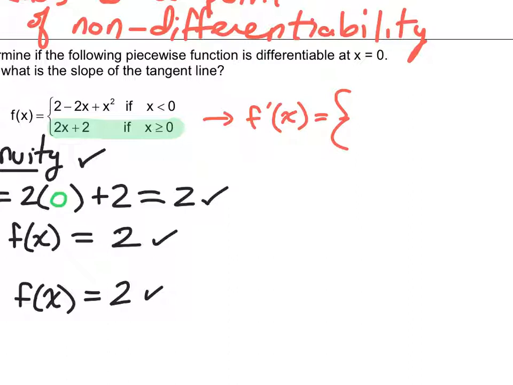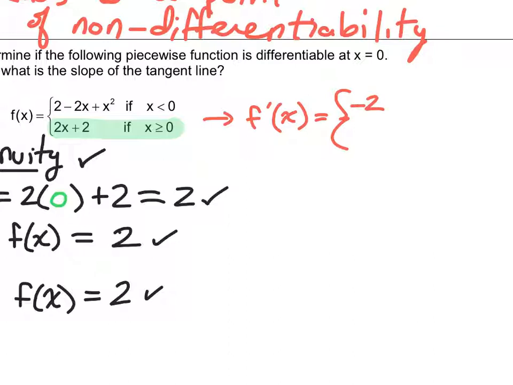It's not difficult with a piecewise function as long as the pieces themselves are not difficult. So basically you're just taking the derivative of each piece separately. So what's the derivative of 2? 0, it's constant, right? Derivative of negative 2x? Negative 2.